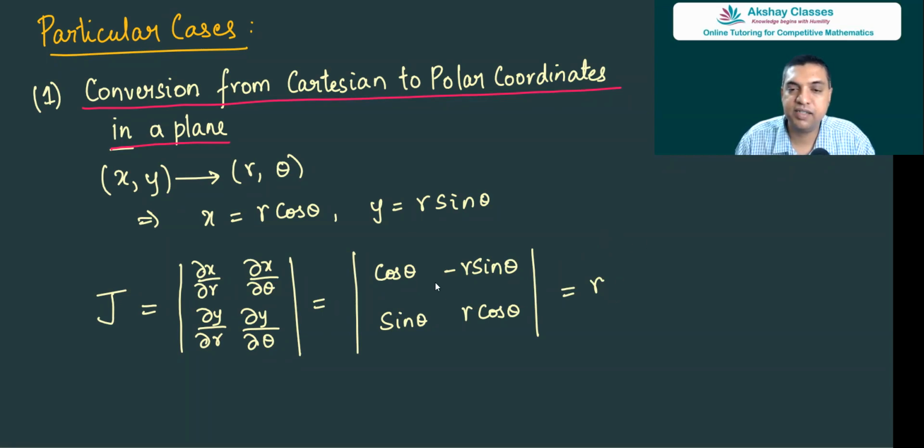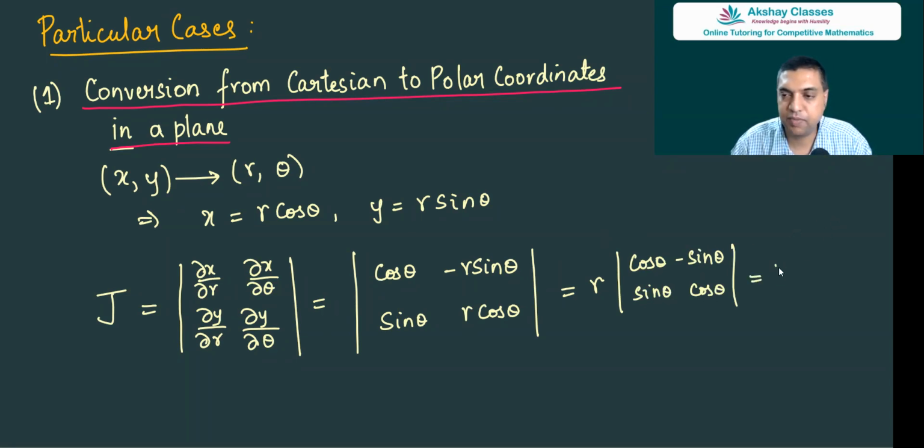What we get is r times the determinant of cos theta, minus sin theta, sin theta, cos theta. So cos square theta minus of minus sin square theta, that is cos square theta plus sin square theta, is 1. So the Jacobian of conversion from Cartesian to polar coordinates is r.